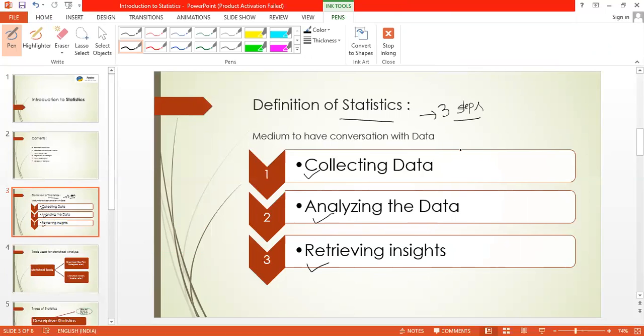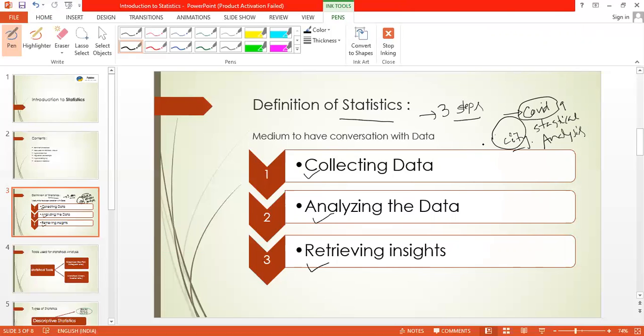For example, currently it's a pandemic situation. Let's say we want to study COVID-19, to do some statistical analysis of COVID-19 in one city. In order to do that, what will be our first step?